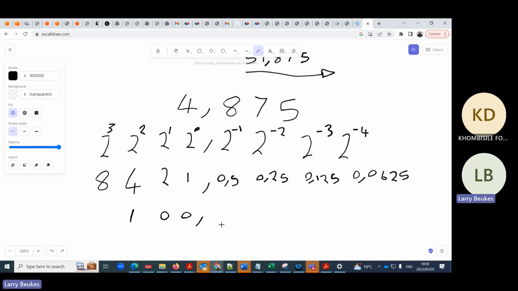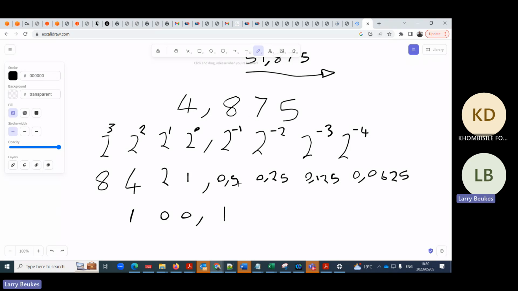So now this side, we have 0.875. We need to minus 0.875 with 0.5. If we minus it, we're going to have 0.375, right? So we know we need this.